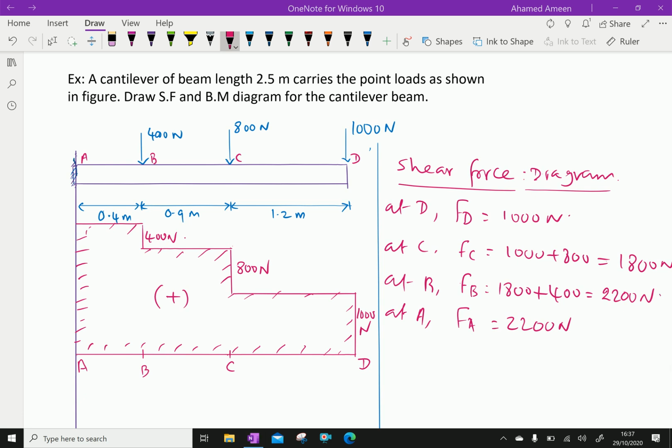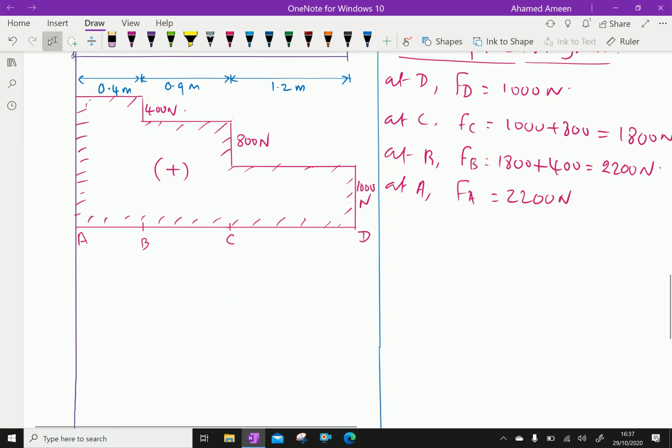Now let us do the bending moment diagram. For the bending moment diagram, suppose let it be here first.